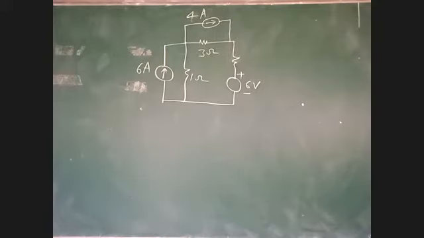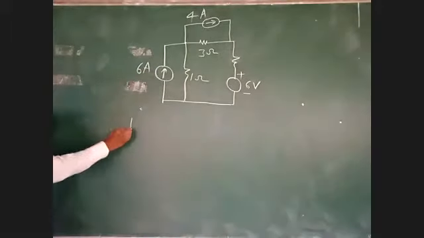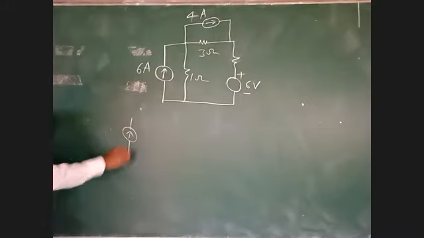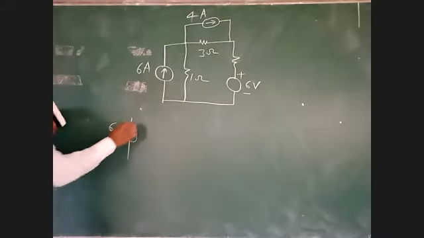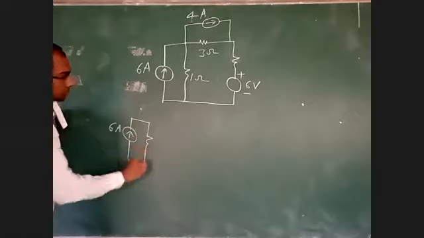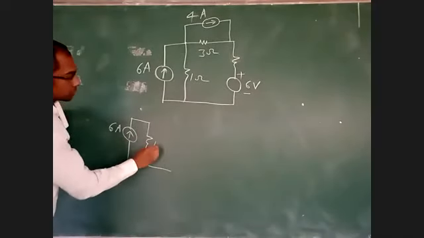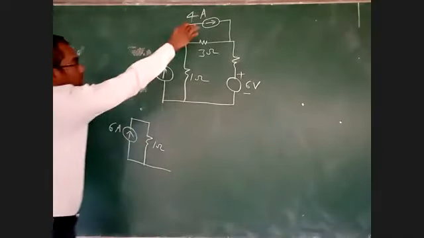So how many sources are there in the problem? 3, sir. 3 sources. First, let us consider the 6 ampere source, and the other current source I am opening.